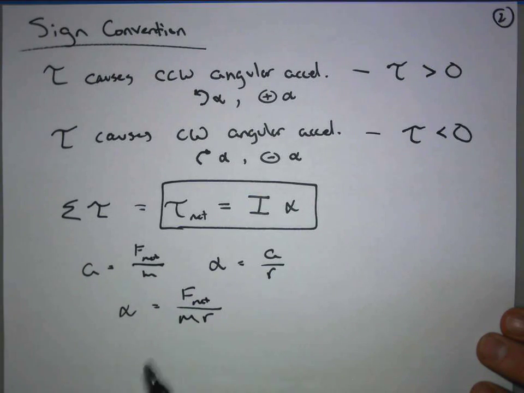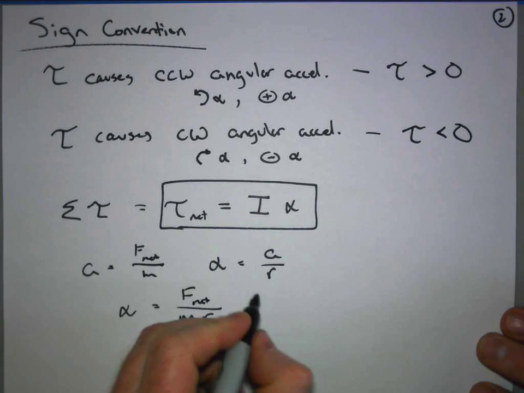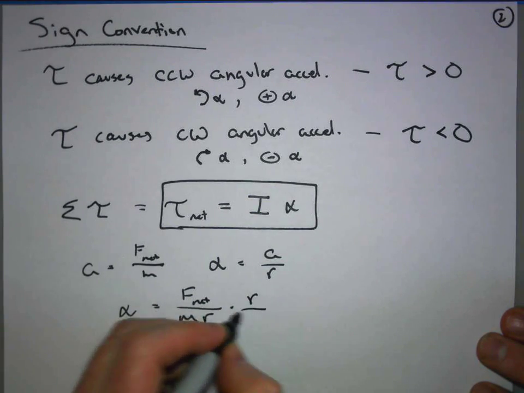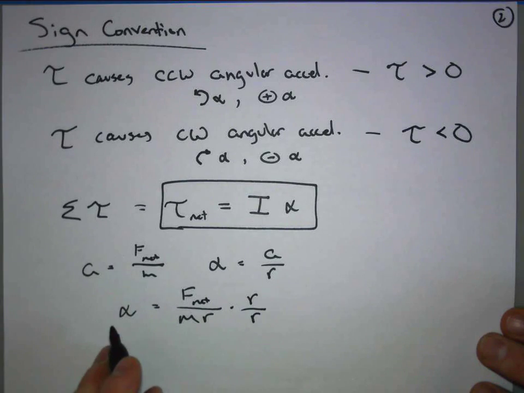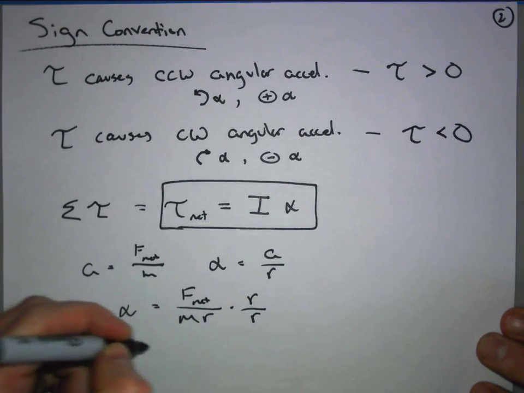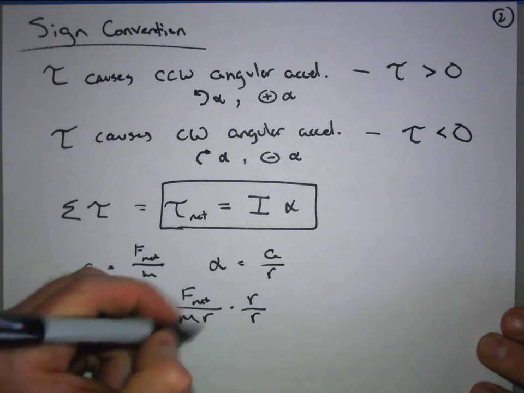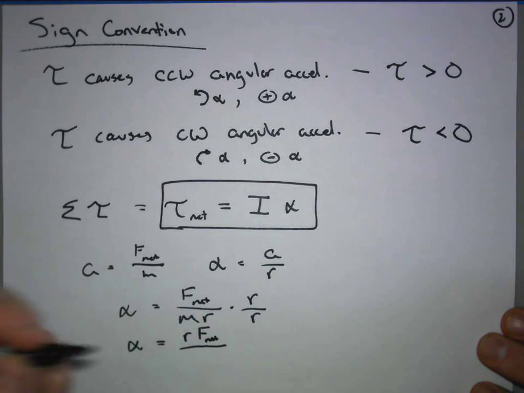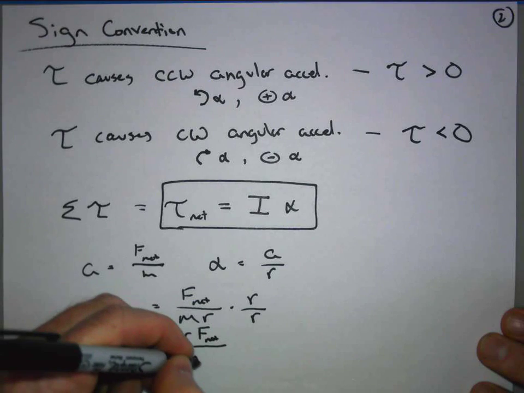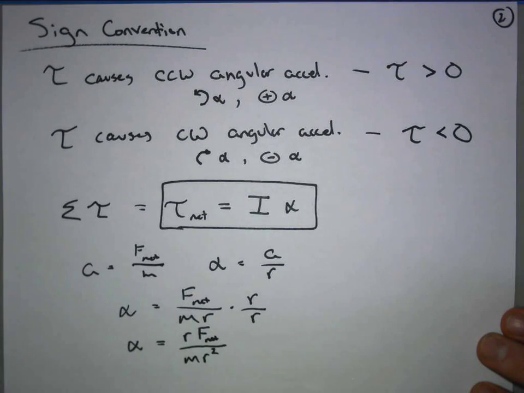And there's a little kind of a cheater trick we can do. We can multiply both sides of this by r over r. So I'm multiplying by 1. Multiply by 1 over here, and I get the same thing. And I end up with radius times net force divided by mr squared. Aha! So this is how we're going to show moment of inertia, right?